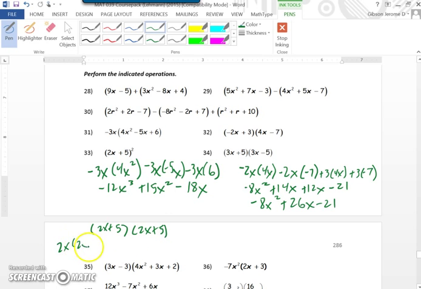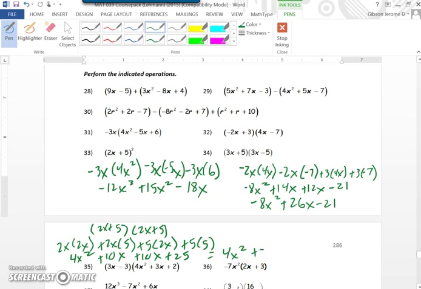It'll be 2x times 2x plus 2x times 5 plus 5 times 2x plus 5 times 5. So we're using the distributive property again. So we have 4x² + 10x + 10x + 25. Now if you notice, we can combine these 10x's. So our final answer would be 4x² + 20x + 25.